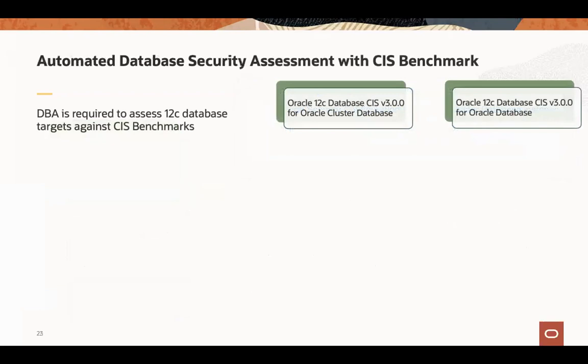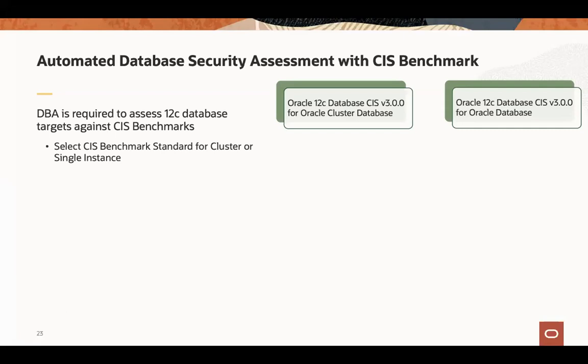So now let's look at a use case of database security assessment using the CIS benchmark. Whatever I'm going to go through now, the workflow will be similar whether you use STIG standards, Oracle's best practices, or create your own rules and your own standards. The use case here is that a DBA is required to assess security compliance of 12c databases against a CIS benchmark.